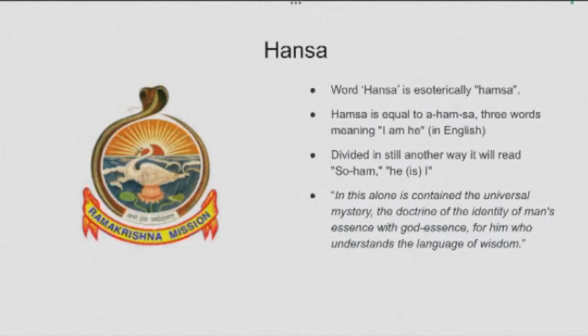The same word Hamsa divided in another way will read So Hum, "He is I." And Madam Blavatsky says that in this alone is contained the universal mystery, the doctrine of identity of man's essence with God essence, for him who understands the language of wisdom.